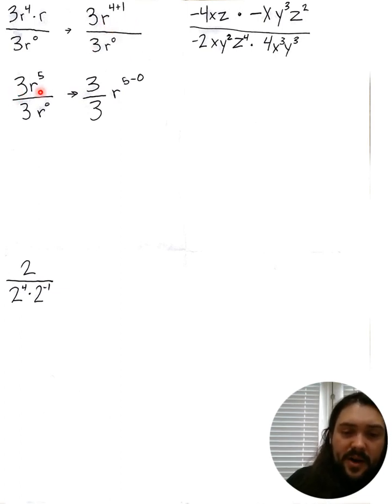So 3r to the 5th is what we get left on our numerator after simplifying, over 3r to the 0. Remember, we take our coefficients and divide them, so we have a coefficient of 3 and a coefficient of 3. 3 divided by 3. And then we combine our bases.